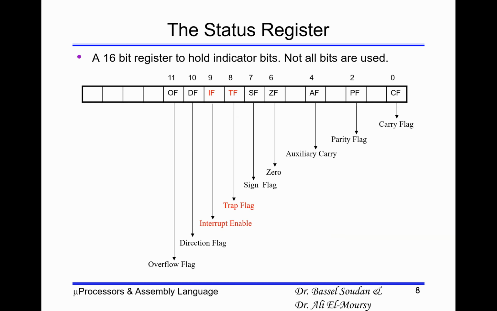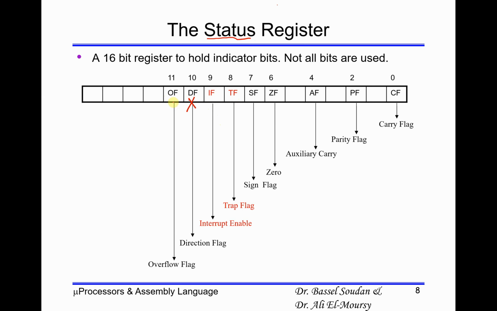The microprocessor is affected by the interrupts based on the status of two flags in the status register. We talked about the status register extensively before, and we discussed each and every bit in it except those two flags.